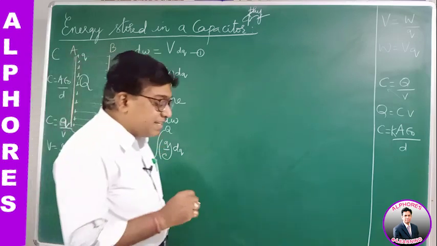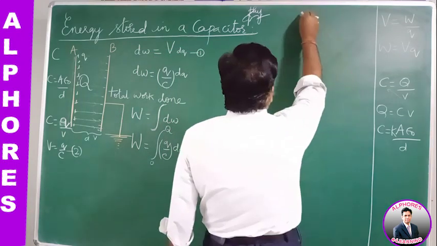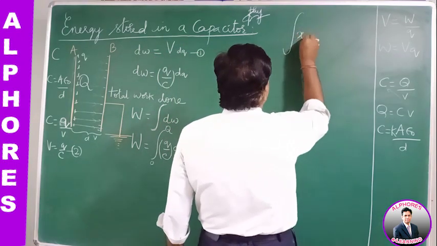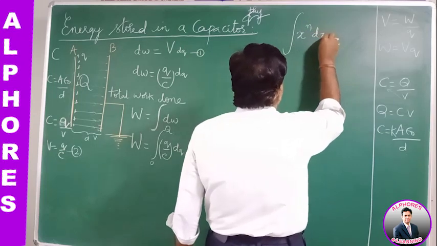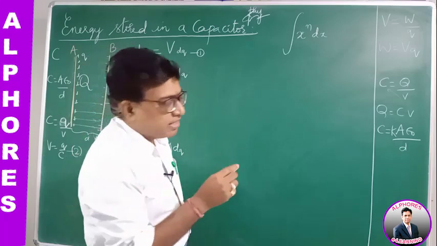Coming to the integration part, you have learned integration in your earlier classes. Integral of x power n dx. I was telling you in the earlier class, we have dealt with this many a time. I'll just repeat it.